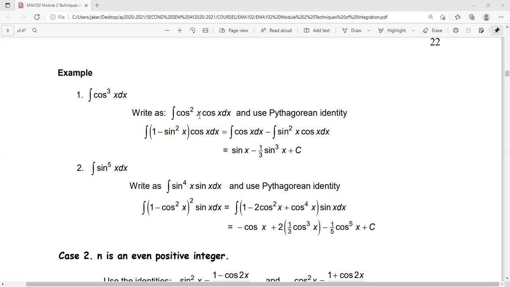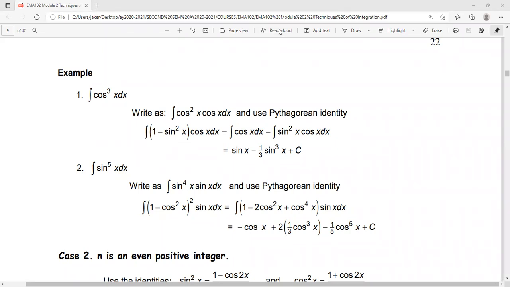If you multiply these two, you go back to the original given function, which is cosine cube x. Then you convert the cosine squared x to its equivalent, which is 1 minus sine squared of x. I'm sure you fully know this from your high school. Why do you need to convert the cosine squared of x to 1 minus sine squared?